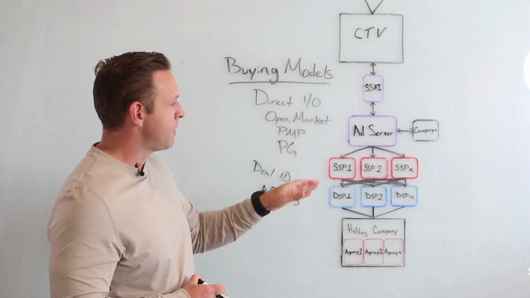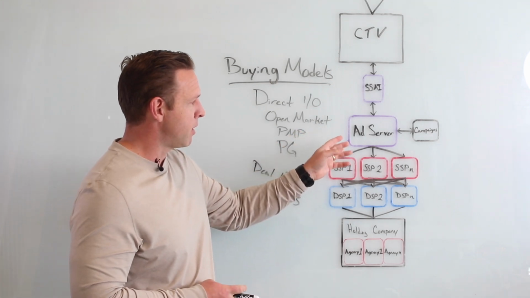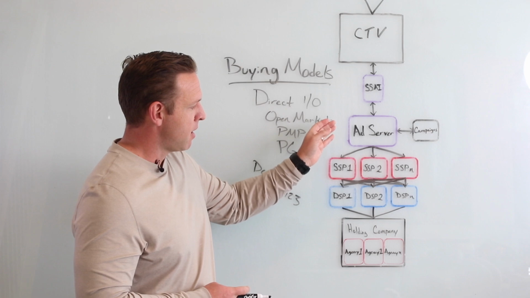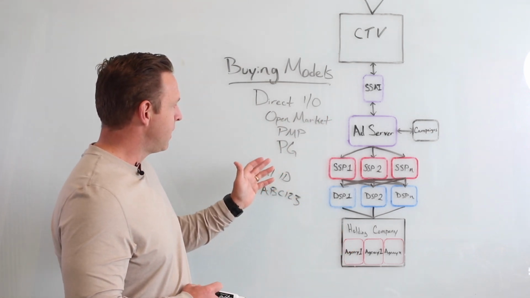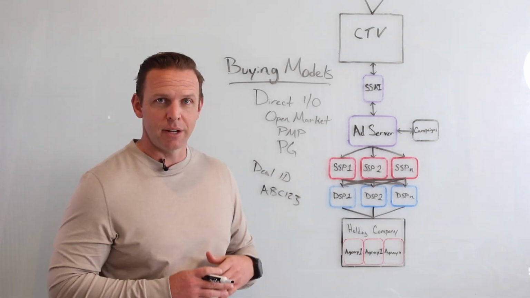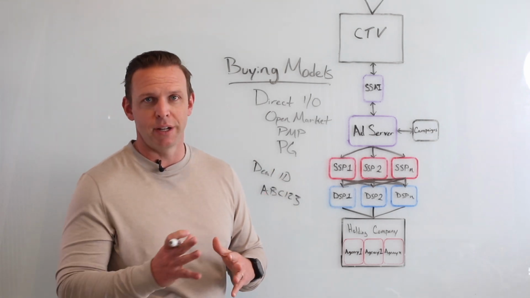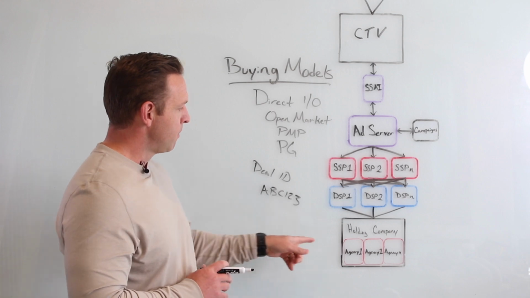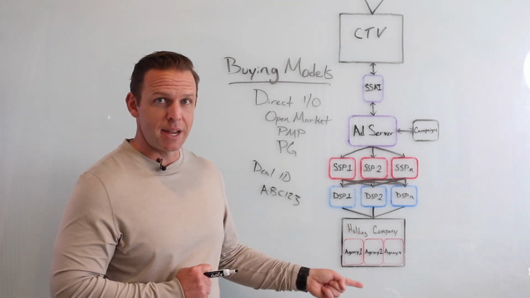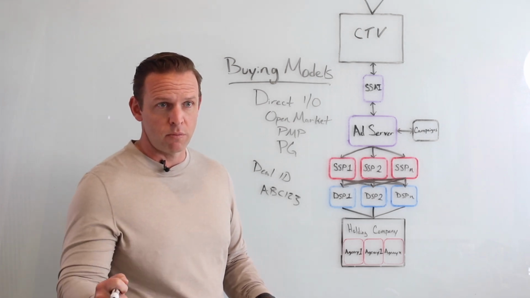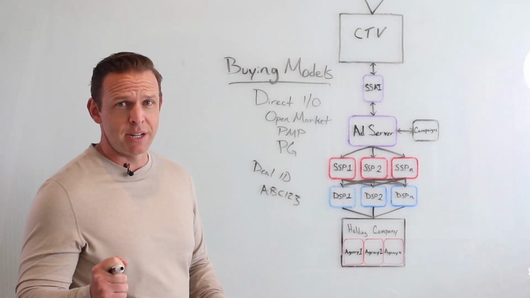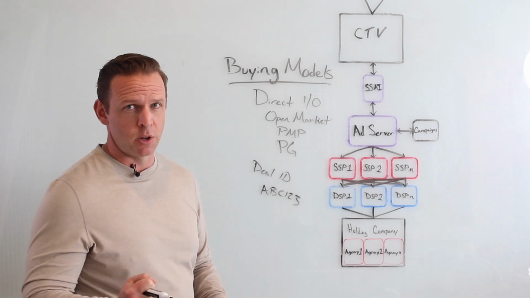So you can have this same one-to-one relationship where a publisher makes a deal with an agency or brand, and they guarantee that they're going to serve whatever inventory it is. Again, we can say automotive. And now the brand is saying, not only am I going to pay you $10, but I'm guaranteeing you 1 million impressions over the quarter, right?